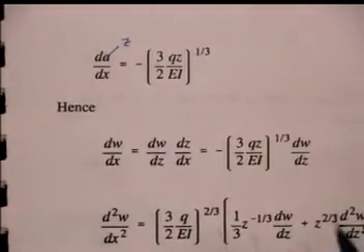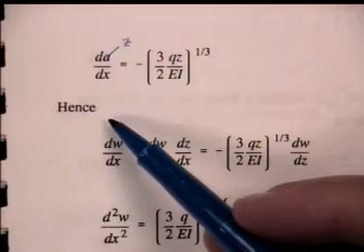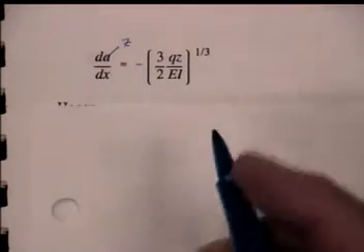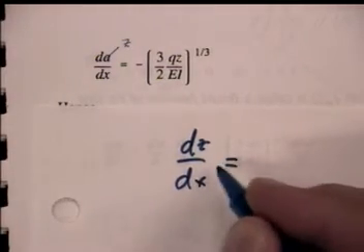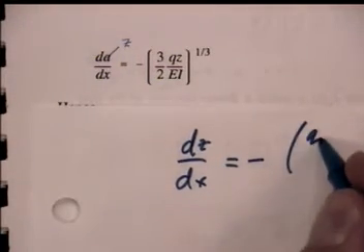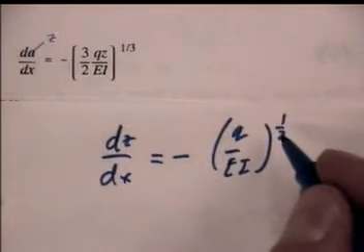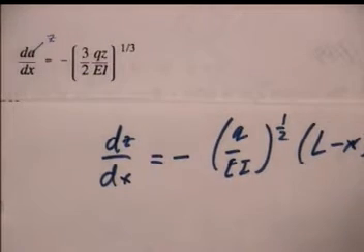Now we want to calculate this dz dx. So we already had this dz dx. dz dx equals minus q over EI in power 1/2 times L minus x in power 1/2. That is this equation, the previous one.